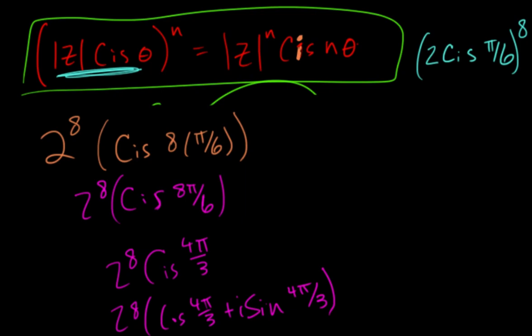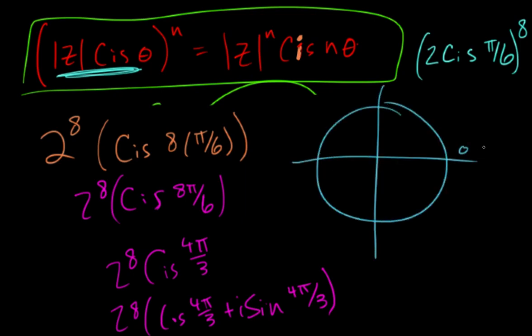And if we do that on a unit circle, we estimate this as 0, 1.5, 3, 4.5, and if we estimate 4 pi/3, it's going to be about 4. If you haven't seen this estimation before, I'm just estimating pi as 3 to figure out where we're at, and so we're going to be somewhere in this quadrant.